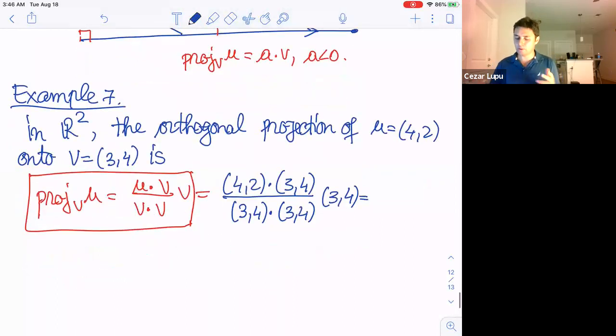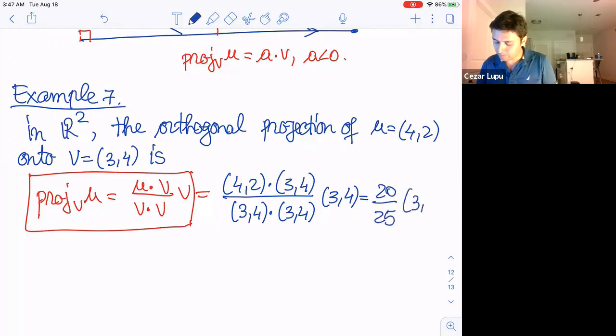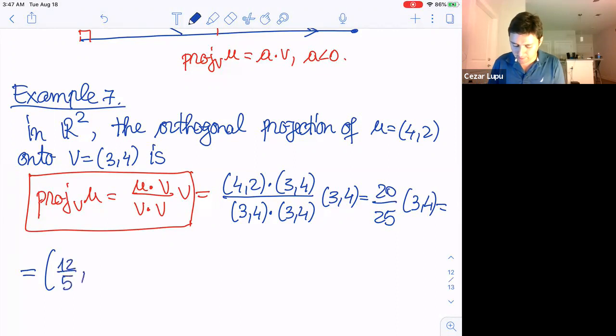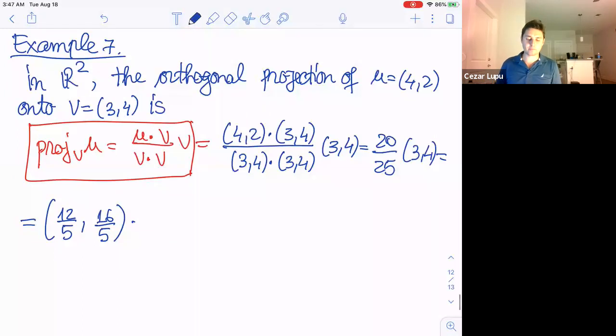Anyway, once we compute all this, this will give us 12 plus 8, which is 20, over 25 times (3, 4), and if you want to plug it in, this will give us 12 over 5 and 16 over 5. Okay, that's the figure.